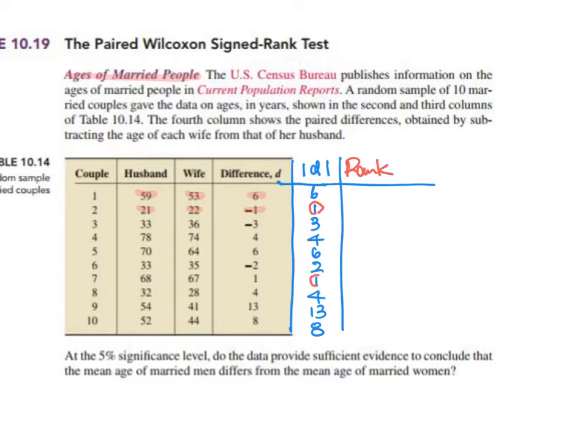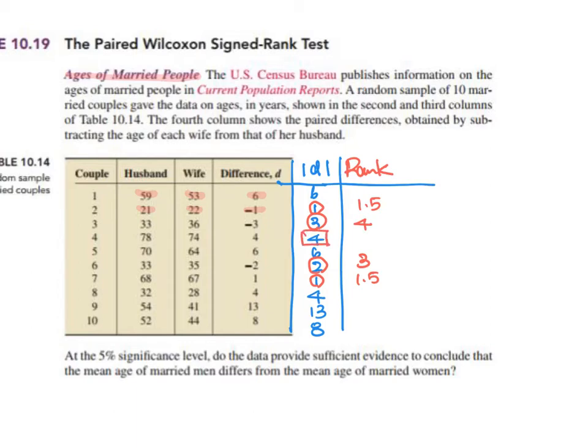The smallest one is rank number 1, and the two ones tie for ranks 1 and 2, so we take the average, 1.5 and 1.5. The next one is a 2, only one, so it's 3, and the next one is the 3, which will be 4.